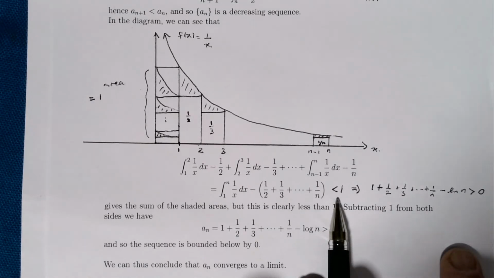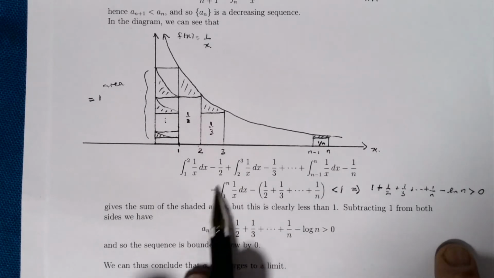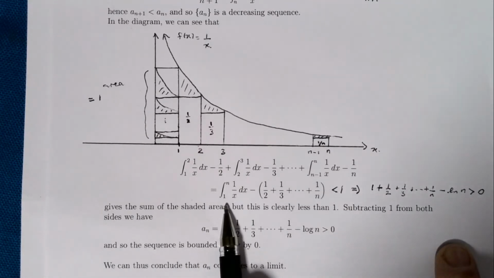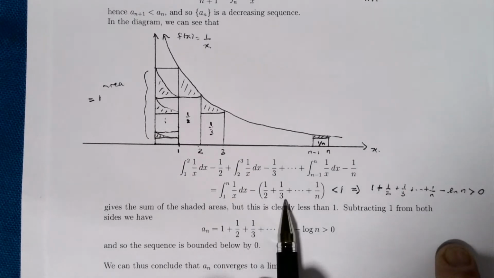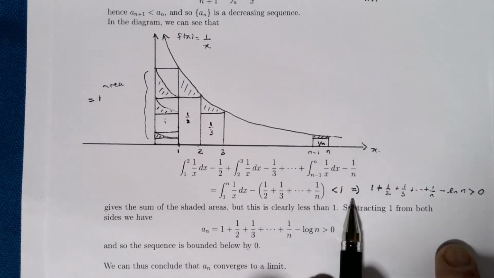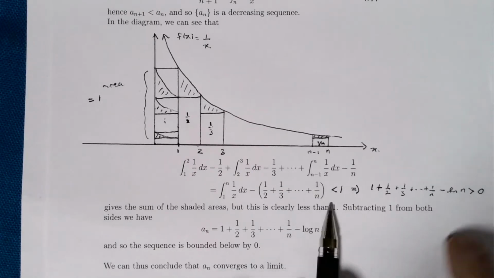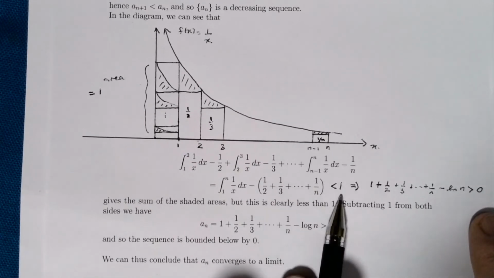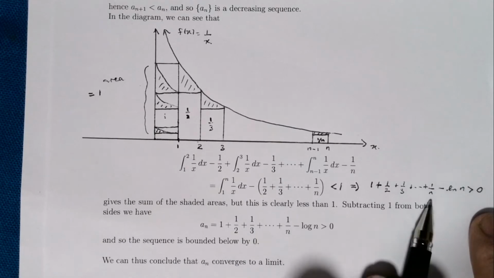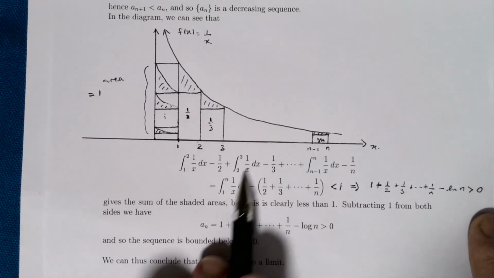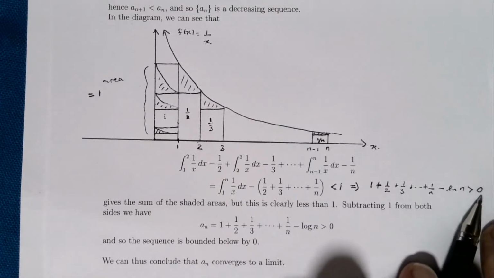And I can rearrange this now. I can integrate this, I get log n, and I can take all of these terms onto the other side and then read the thing backwards. So I'm going to get 1 plus a half plus a third and so on up to 1 over n, and then minus log n, and all that's bigger than 0.